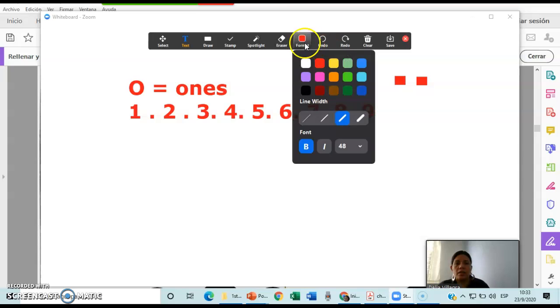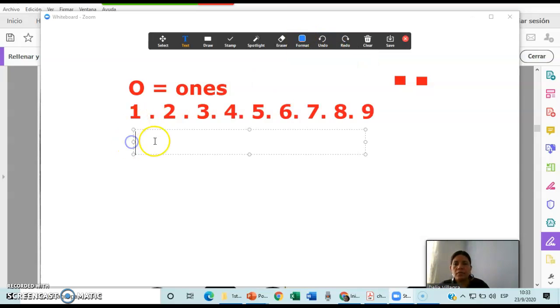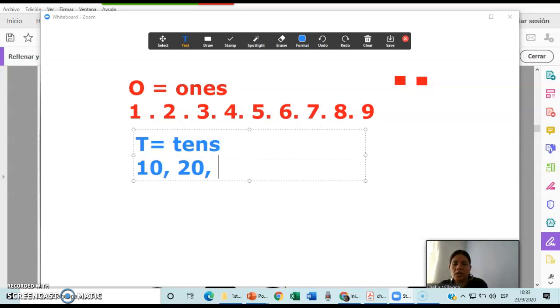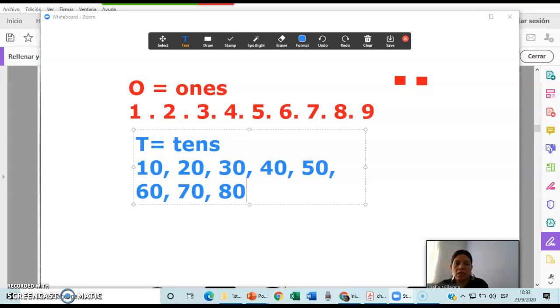Okay, now we got the tens. So we put a T. T represents tens. And tens, remember, 10, 20, 30, 40, 50, 60, 70, 80, and 90.